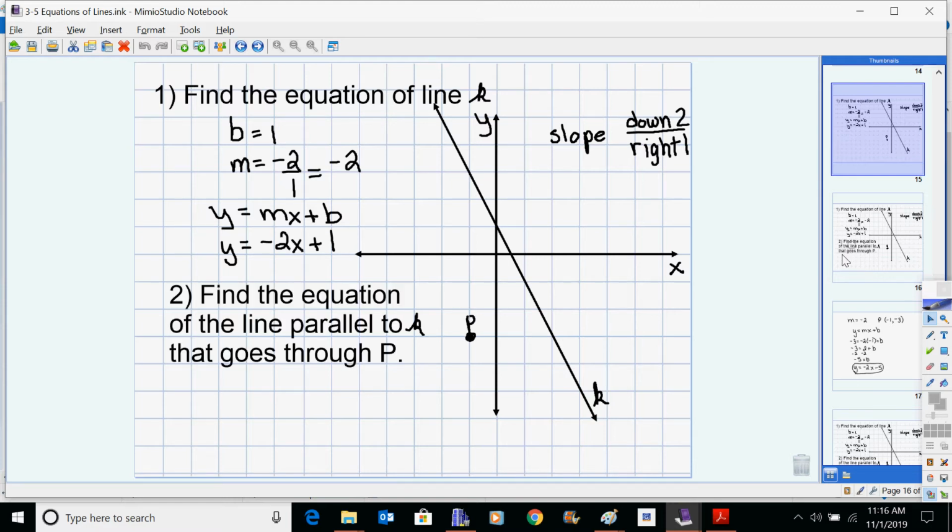I want you to add the second part: find the equation of the line parallel to K that goes through point P. The line is called K. So we want to write that question down so you know later what it is that we have found. And then we're going to graph it. That's why I didn't want you to write directly on the graph.